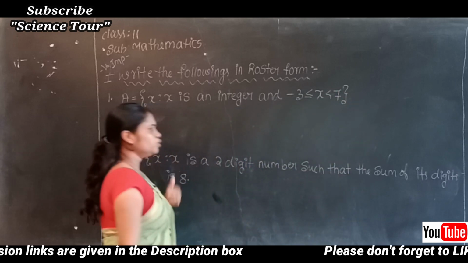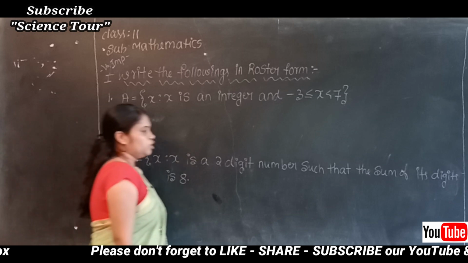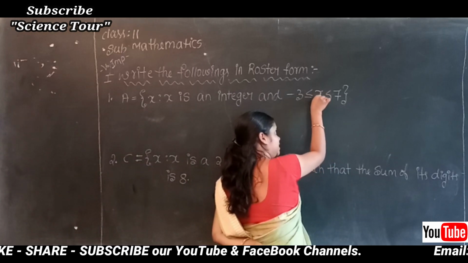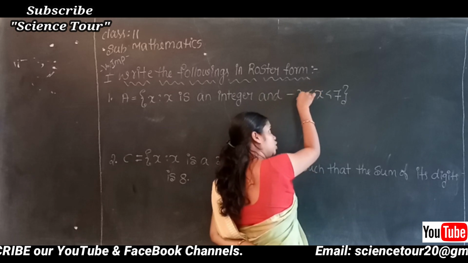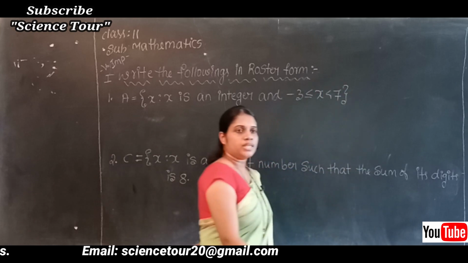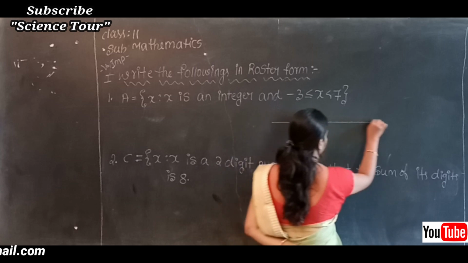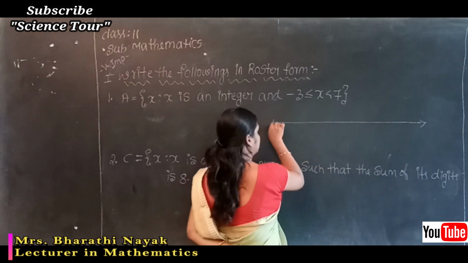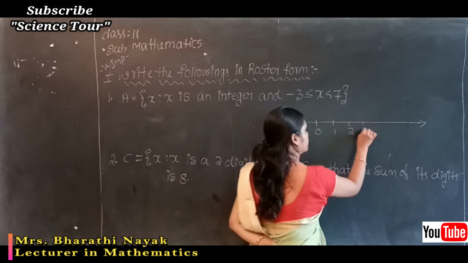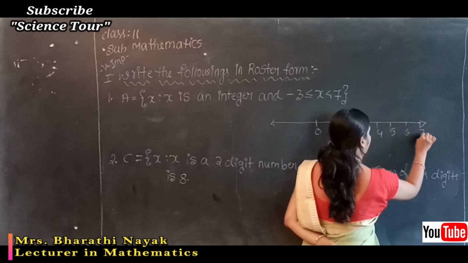So how to write the roster form of this first problem? You have to choose an integer in such a way that it must be greater than or equal to -3 as well as less than 7. So I will consider a number line. You might have seen a number line. This is 0, I'll consider 1, 2, 3, 4, 5, 6 and 7.